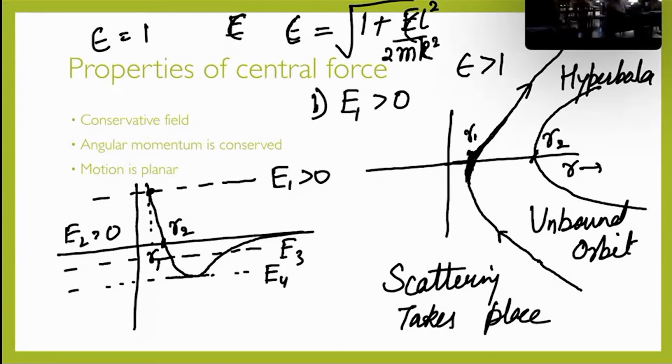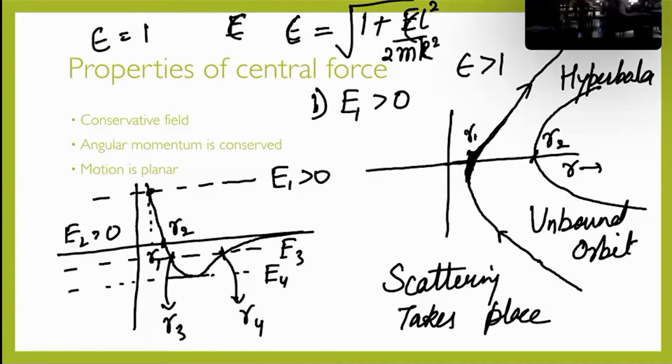Now moving further, for E3, there are two intersection points. Let me take this as R3 and this as R4. Two intersection points, and the energy is less than 0.